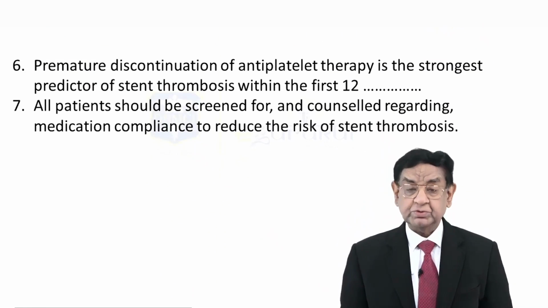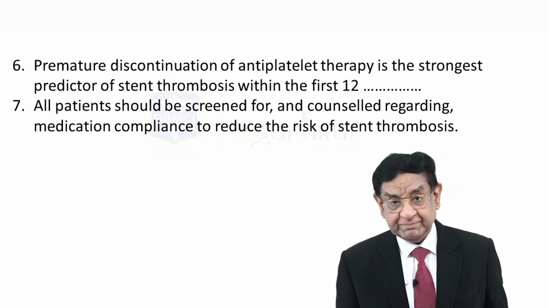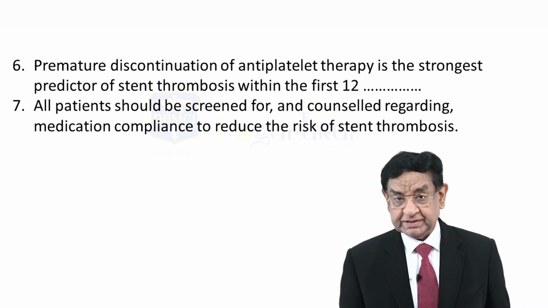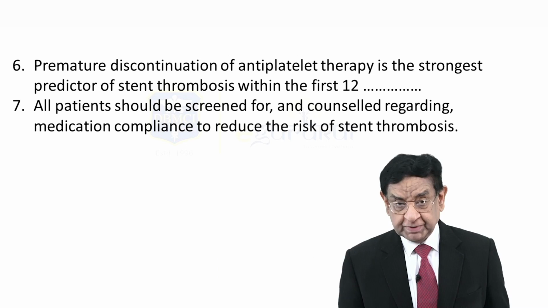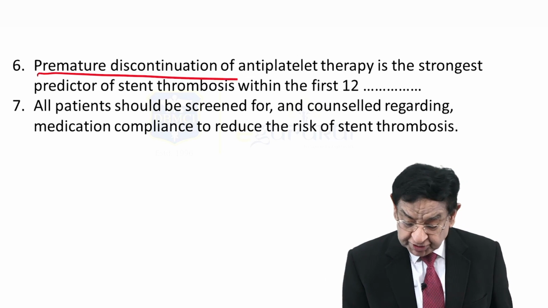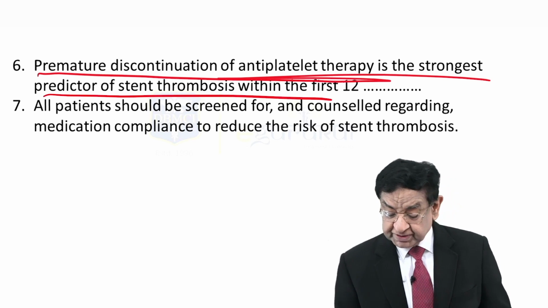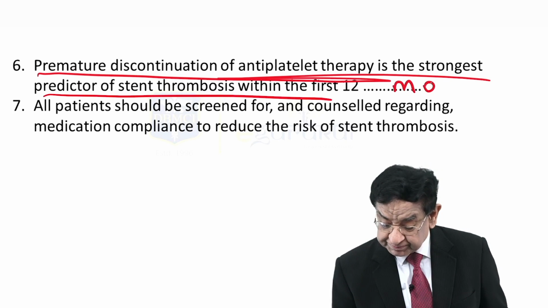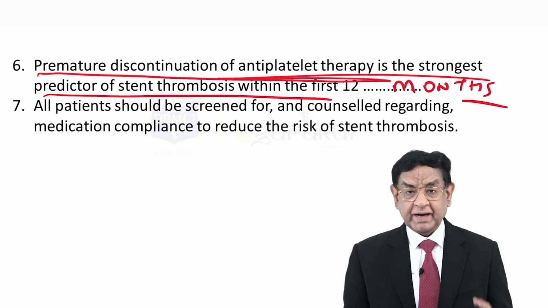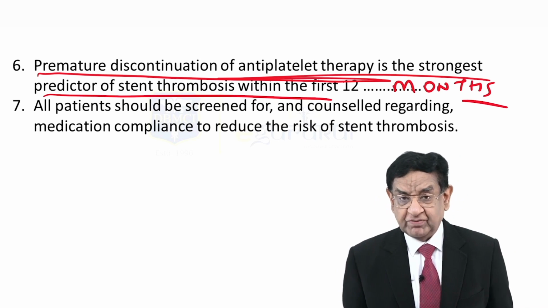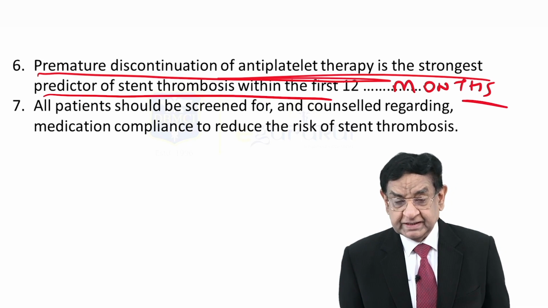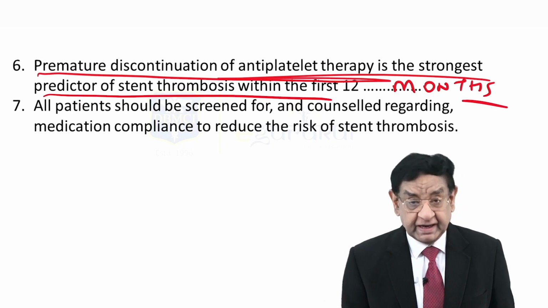We were talking about that in any patient where we have put an intracoronary stent, DAPT should be done. Premature discontinuation of antiplatelet therapy is the strongest predictor of stent thrombosis within the first 12 months. But in this case, the problem happened within 10 days of putting the stent.